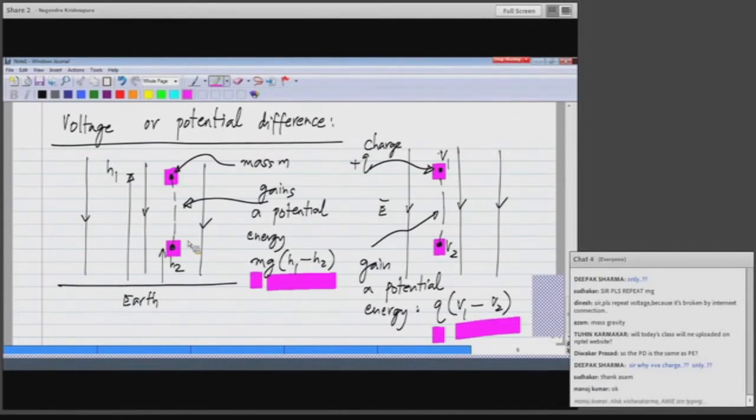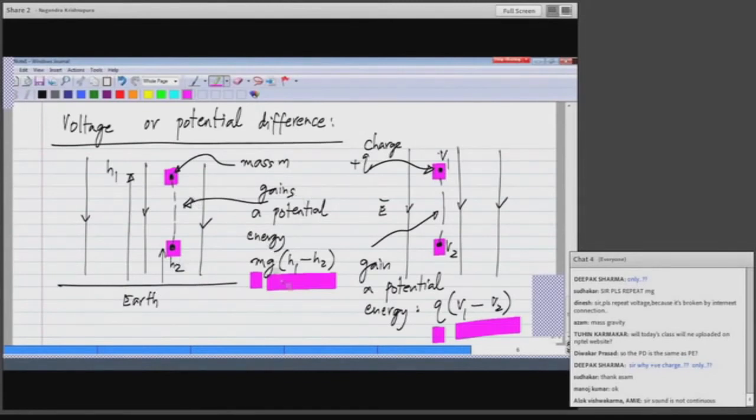So the amount of potential energy gained is proportional to the charge, and it is charge times the potential difference. Just like the amount of gravitational potential energy gained is mass times some difference, the difference between some quantity at the initial point and some quantity at the final point. So what I want to emphasize here is that the voltage or potential difference makes sense only when measured as a difference between values at two different points.